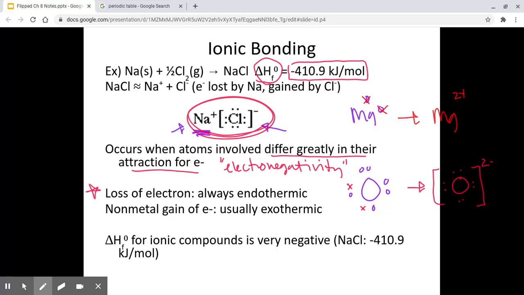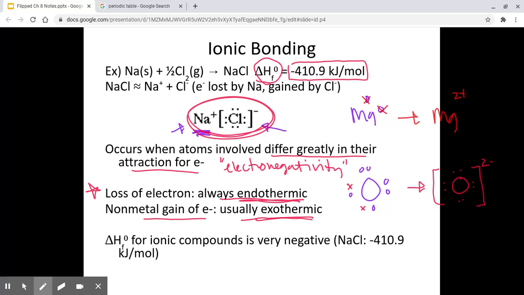Anytime something loses an electron, it's always going to be endothermic. You can think that energy has to be put in to remove the electron from the system. Anytime something gains an electron, which is what we see when we look at nonmetals, it's almost always exothermic.